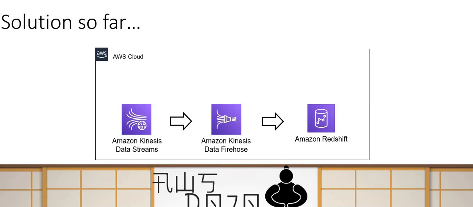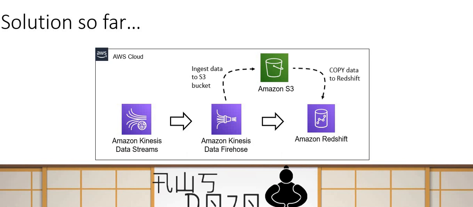So this solution was in place. The only thing is, it was a batch-based solution. It was not a real-time or near real-time solution. But it works. Internally, the way it used to work is that Amazon Kinesis Data Firehose will write data to an S3 bucket, and then it will trigger a copy command to Redshift to copy this data from S3.